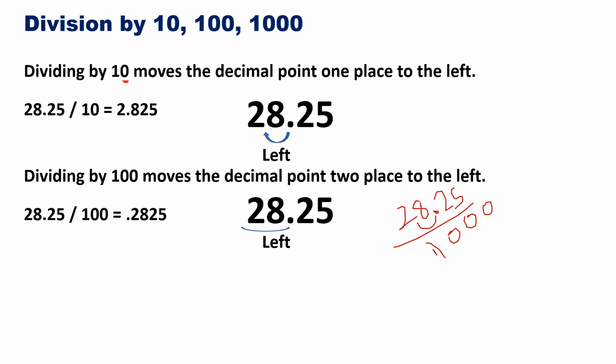This is 1 place, this is 2 place. So where is the 3 place? As we know, in a whole number we can put as many zeros on the left, not on the right. On the left we can put. So this is 1 place, this is 2 place, this is 3 place. Then this decimal point will come. So what will be the answer?